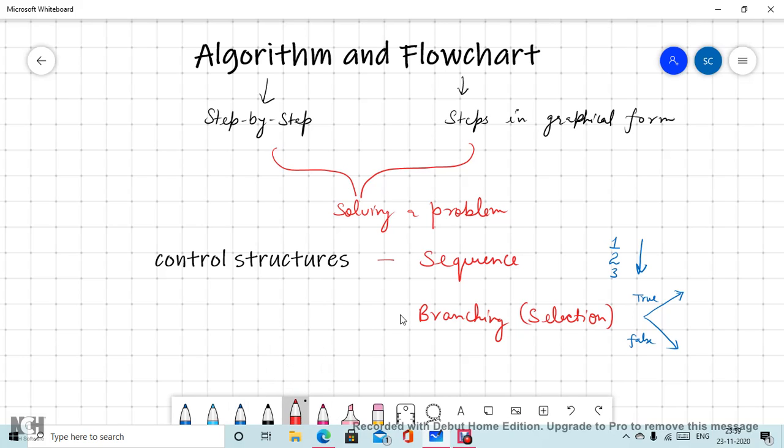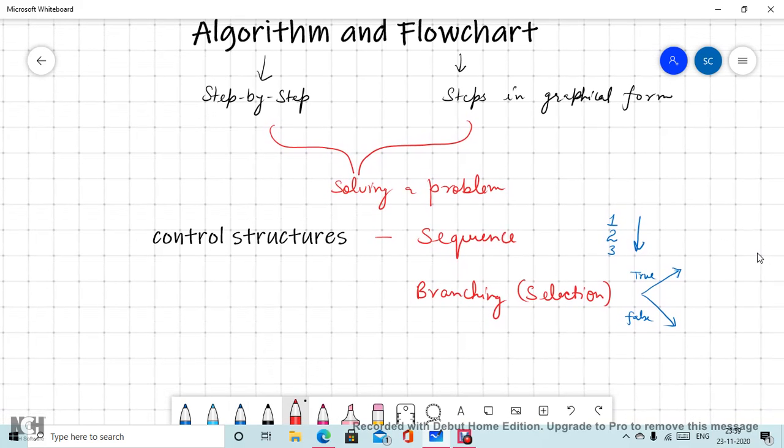The third control structure in case of algorithm and flowchart is loop. In some of the books, you can also find it with the name repetition.